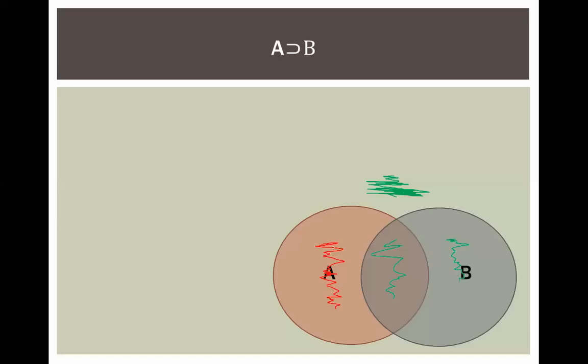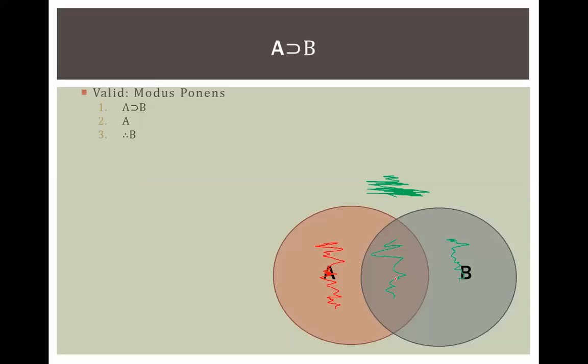Let's say I say if A then B. Well, if I'm inside of the A, does that mean I have to be inside of the B? Yeah, that's what this whole statement means, right? So if A then B, A, well, if I'm A, I can't be in here, so therefore I must be in the B.